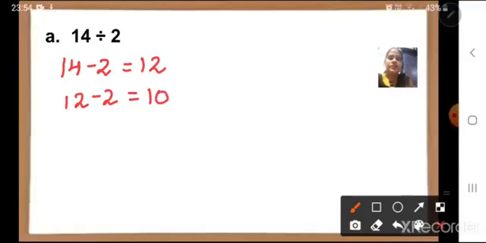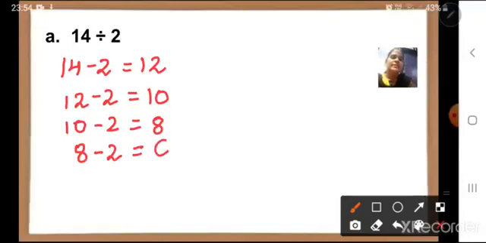So I'll write here number 10. Then in the next line I will write 10 minus 2 is 8. In the next line I will write 8 minus 2 is 6.